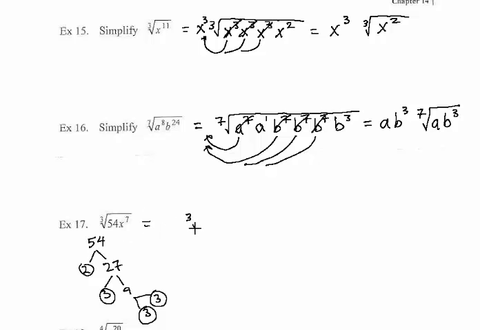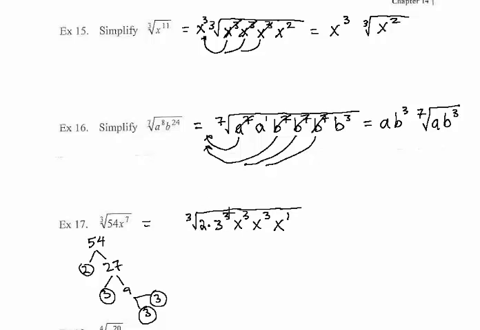So we'll rewrite the cube root of 54x to the 7th as 2 times 3 cubed, and then we'll break the x to the 7th up into powers of 3, x to the third and x to the third, so that accounts for 6 of the x's, and to make 7 we have 1 left over.